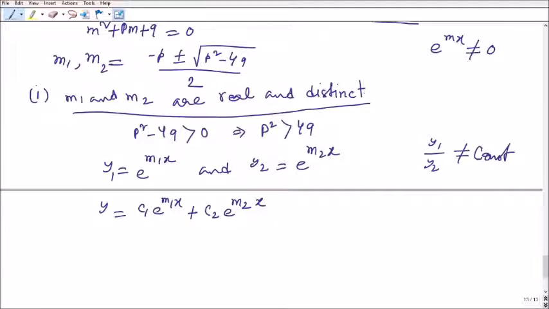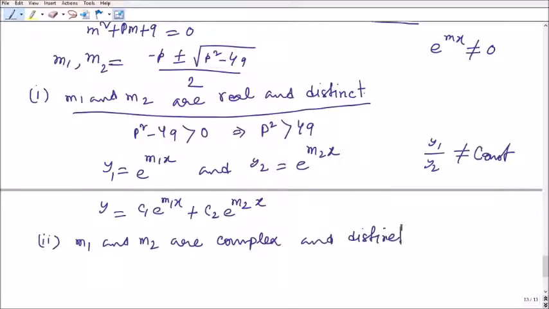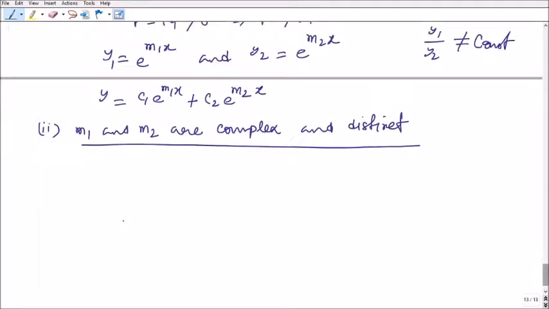Now the second case is if m1 and m2 are complex and distinct. If m1 and m2 are complex and distinct, then we can write m1 and m2 in the form a plus minus ib.